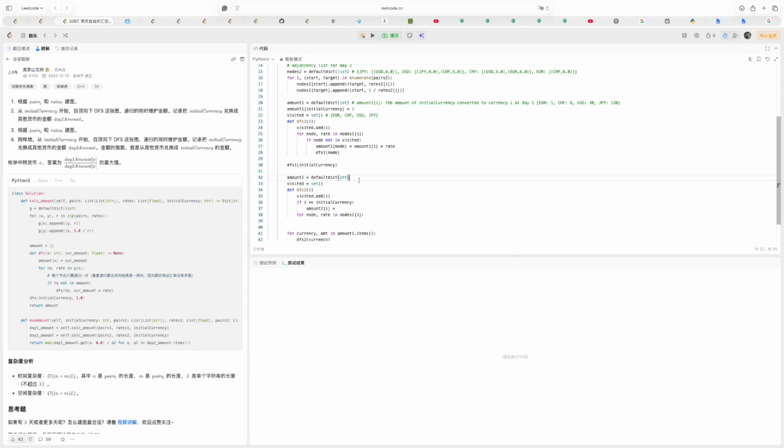Yeah, the definition of amount 2 will be the amount of currency I converted to initial currency at day 2.